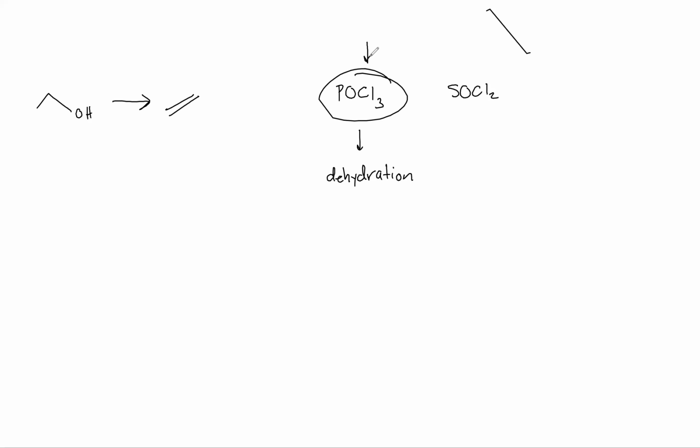The way that I always remember these in my head, the SOCl2, the S stands for substitution, and the P stands for pulling the oxygen off. I don't know, just little funny ways to remember it. But again, I don't think you need to know this for your test, but you may need to know it for organic chemistry as a whole in the future.